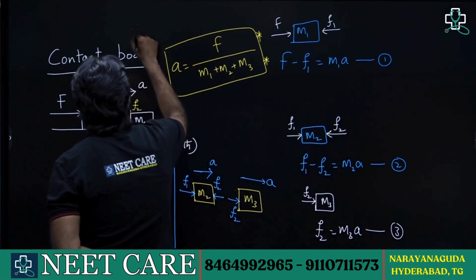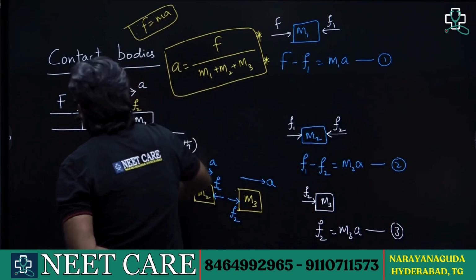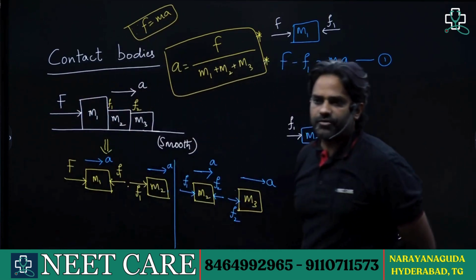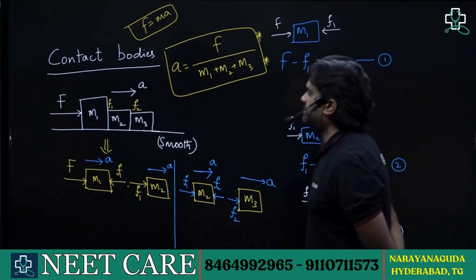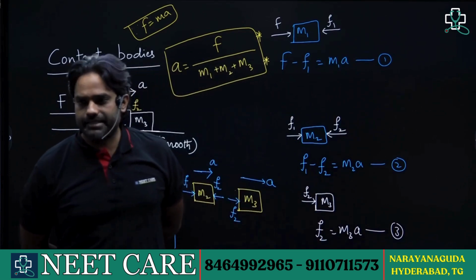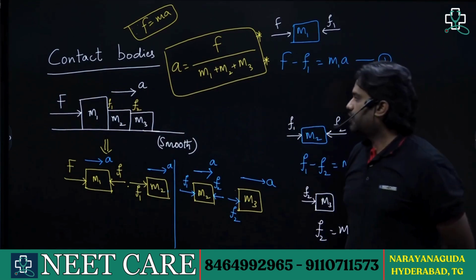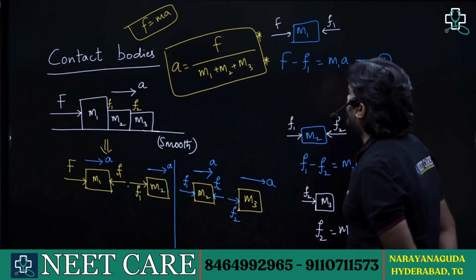We are taking this from Newton's law, F equals ma, that's it. M is the total mass of the system. When an external force is acting on the system, obviously the body will get into acceleration. In that case, acceleration is always calculated as net force by total mass. Now we got a value.